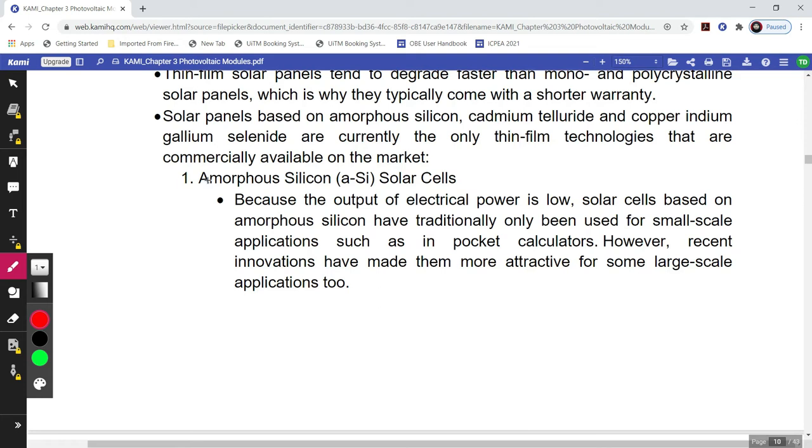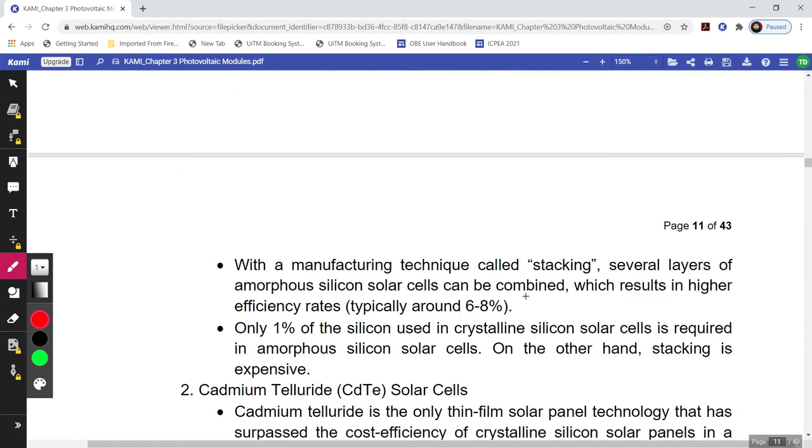Okay, let's see number 1, amorphous silicon solar cell. Because the output of electrical power is low, solar cells based on amorphous silicon have traditionally only been used for small-scale applications, such as in a pocket calculator. However, recent innovations have made them more attractive for some large-scale applications too.